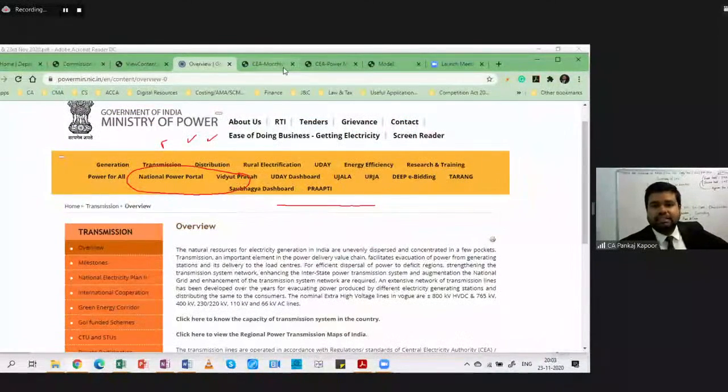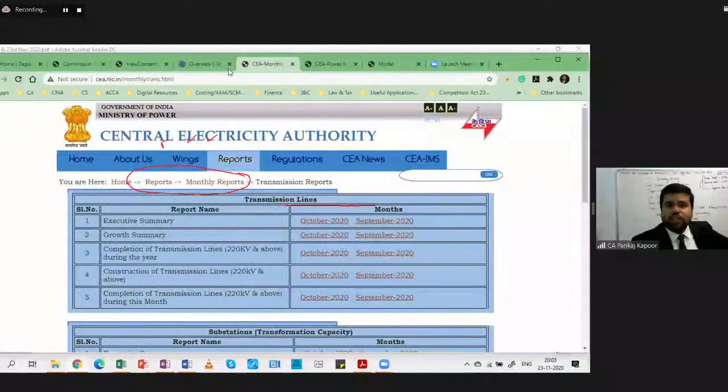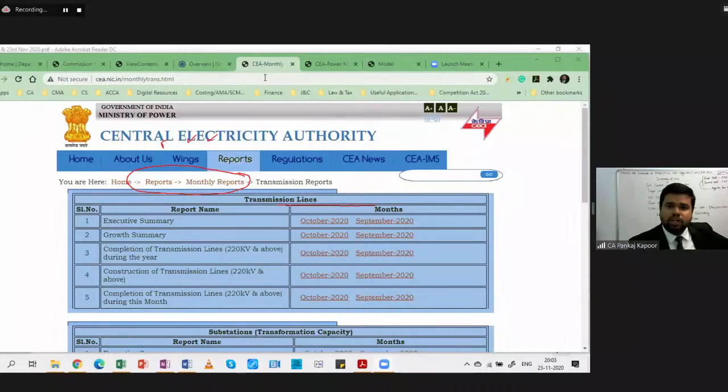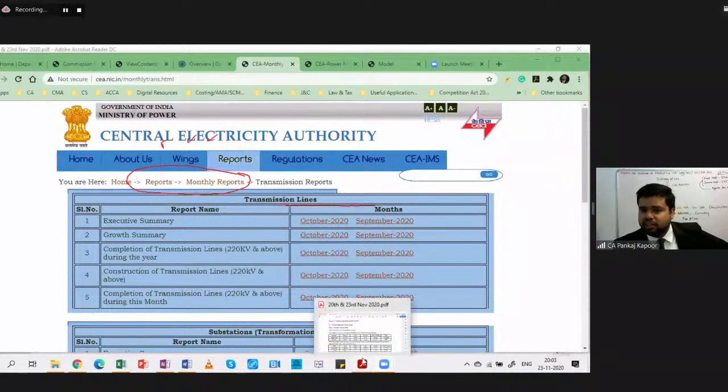The Central Electricity Authority works under the Ministry of Power, and it is responsible for measuring the power capacity, and how much transmission is taking place through the grids and other things. So the data available on the website of the Central Electricity Authority is quite reliable data.